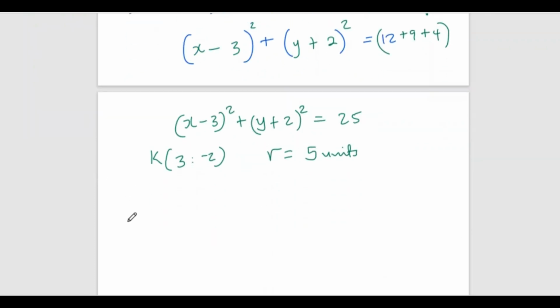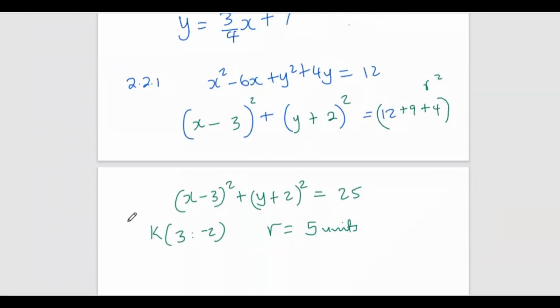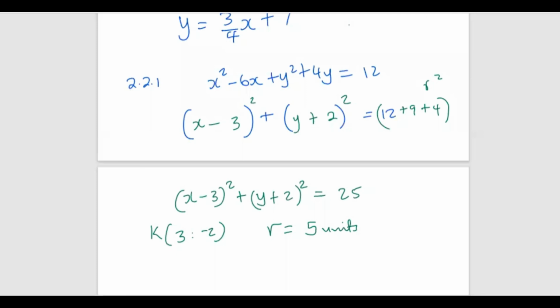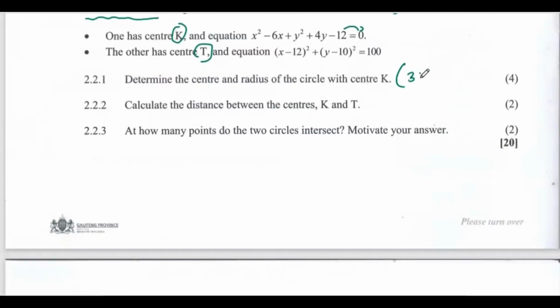Then 2.2.2. So we said this is (3, -2), and then our r is 5. Then they want us to get the distance between the centers K and T. Are these circles touching each other?